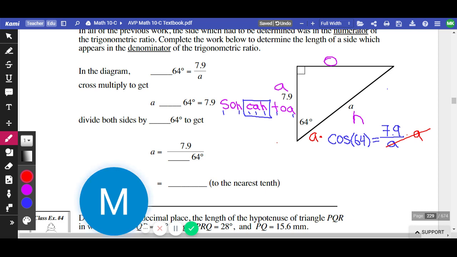So that got A off the bottom for me. Now I can try to get A by itself. To get A by itself, I'm going to have to move cos to the other side. The opposite of multiplication would be division. So I divide cos to the other side.